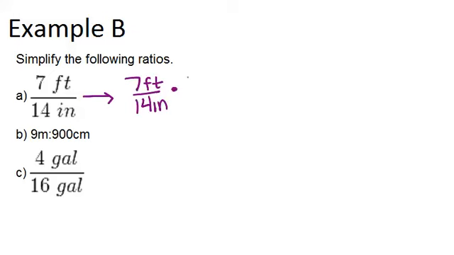multiply by a ratio that represents how many inches, 12 inches, in 1 foot. By doing this, I end up canceling out all of my units because a ratio doesn't really have units. It's just a comparison between numbers, so it doesn't have anything to do with what units they are. So by multiplying by the 12 inches for every 1 foot, I've now canceled out all my units, and I can reduce this in order to figure out my ratio.